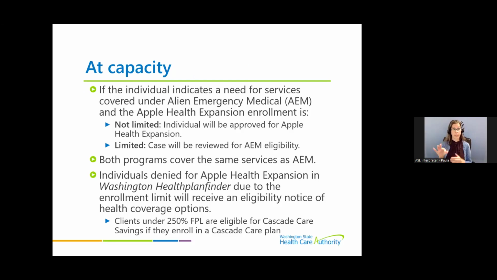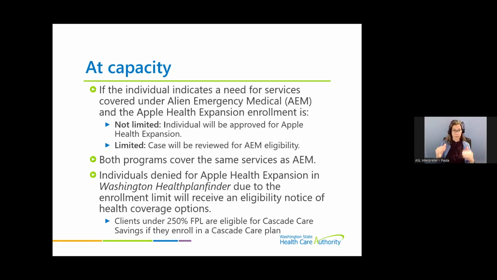If the individual indicates a need for services covered under the Alien Emergency Medical Program and the Apple Health Expansion Program is not limited, individuals will be approved for the Apple Health Expansion. But if it is limited, then the cases will be reviewed for eligibility into the Alien Emergency Medical Program.